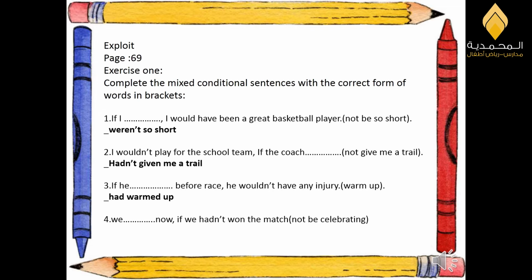When I'm using the past perfect in the if clause, had not plus verb 3, the result clause has to be present. What do I mean by present? I mean we would not be celebrating. And the answer is correct.